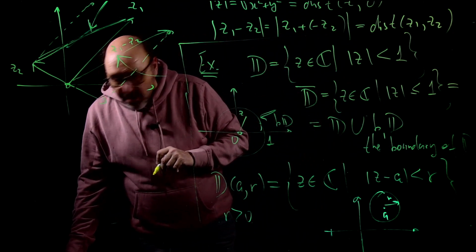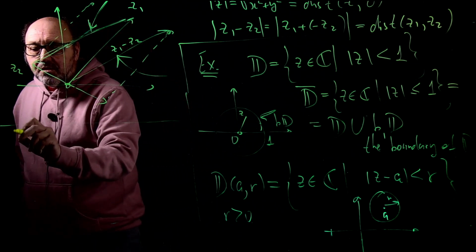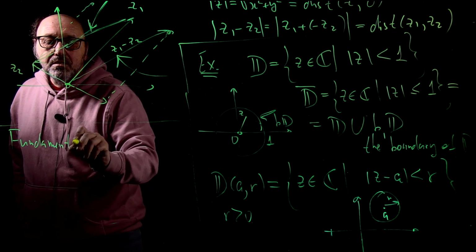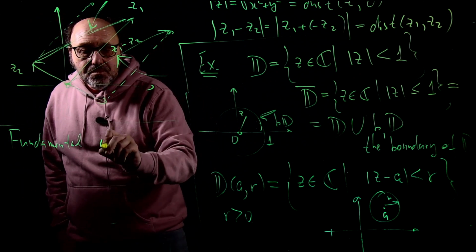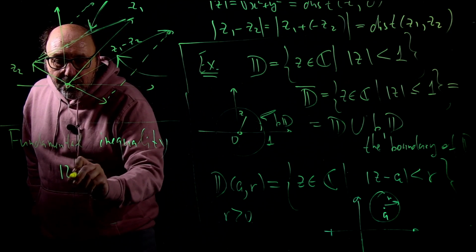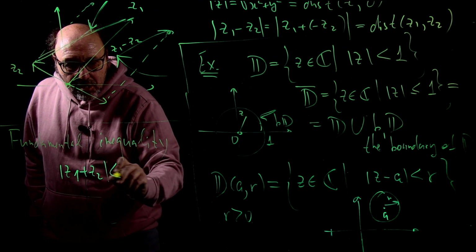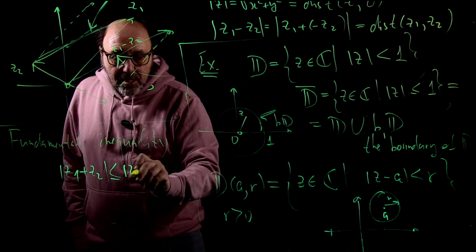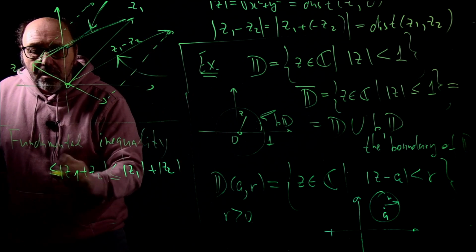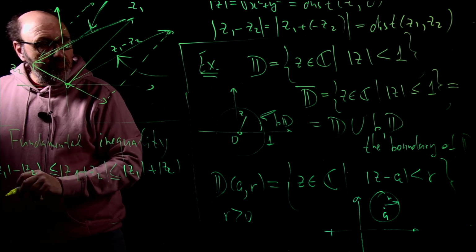Good. So also we have some useful inequalities. The fundamental inequality is that the modulus of z1 plus z2 is smaller or equal than the sum of the moduli of z1 and z2, and bigger or equal than the absolute value of the difference of the modulus of z1 minus the modulus of z2.